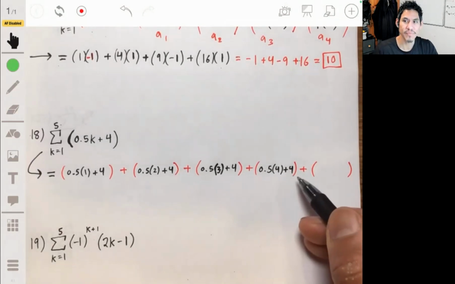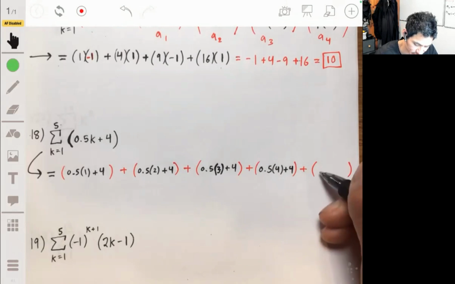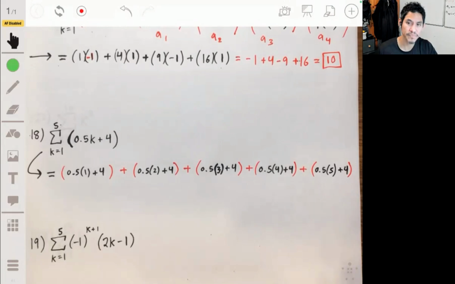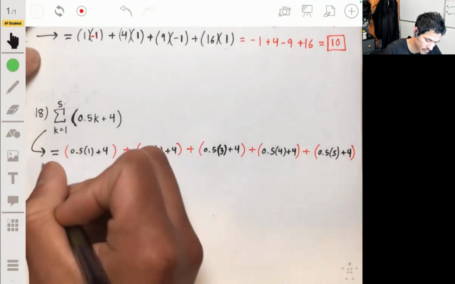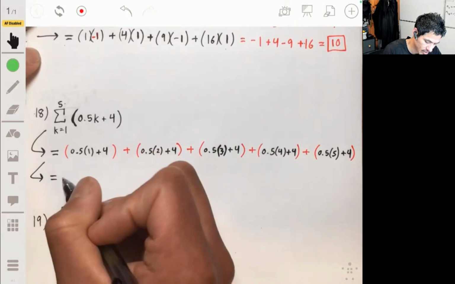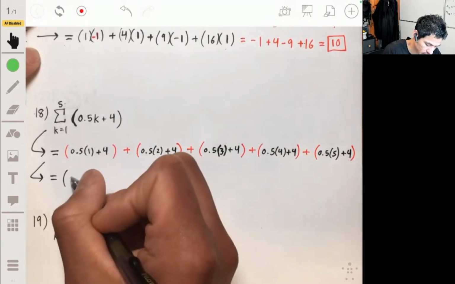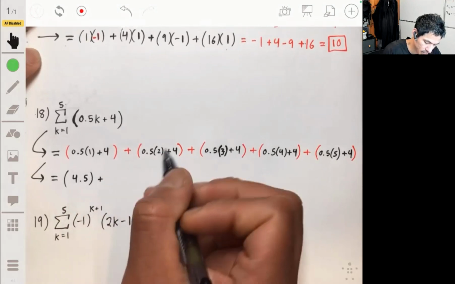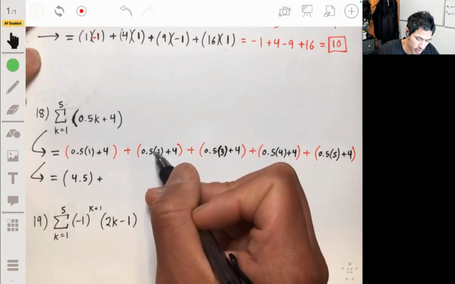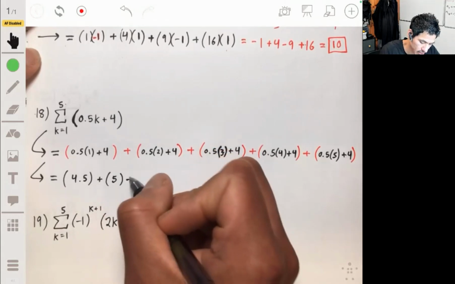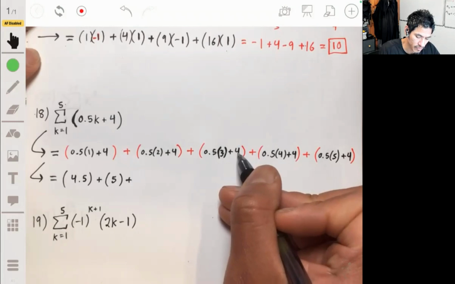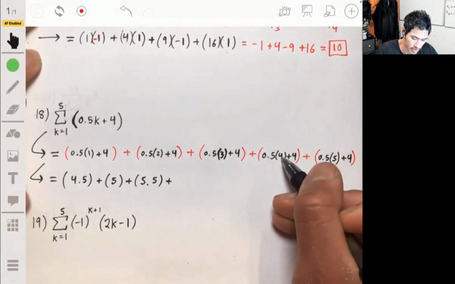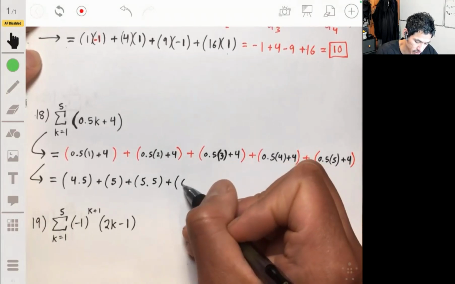And a5, 0.5 times 5 plus 4. And then we should get 0.5 plus 4, which will be 4.5. 0.5 times 2, 1 plus 4, 5. 0.5 times 3, 1.5 plus 4, so 5.5. 0.5 times 4, 2 plus 4, we'll get 6.